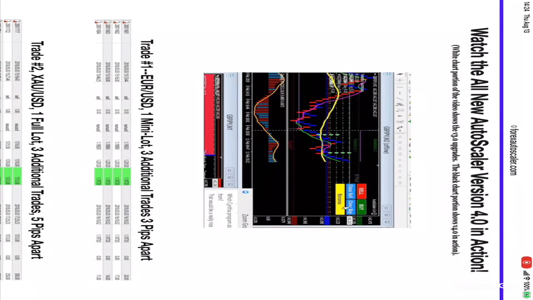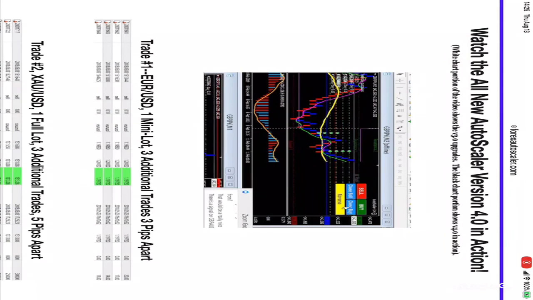Well, for better or worse, I am in all four trades now. This is now essentially a 20 pip trade.